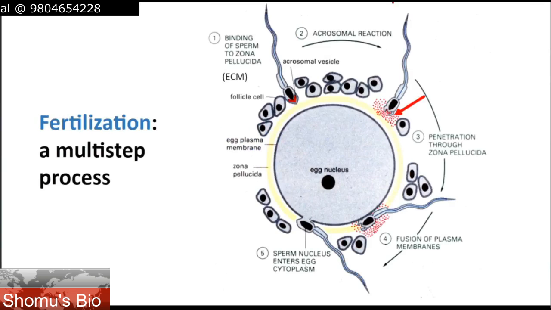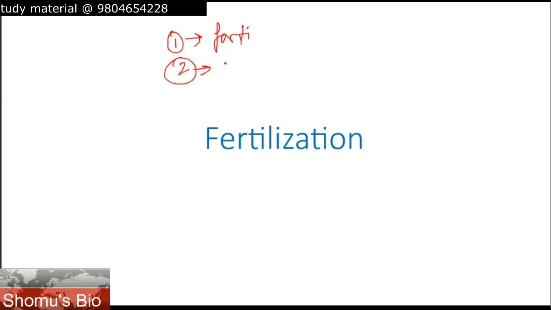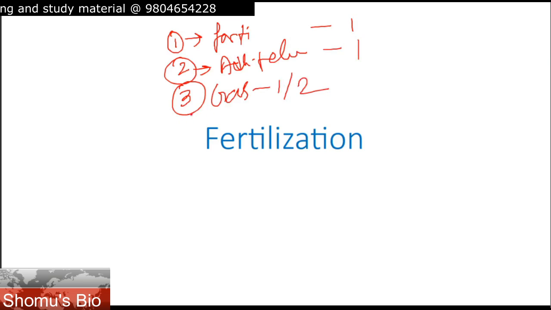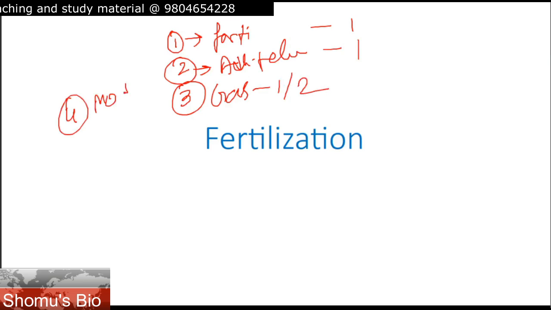So now we will start talking about the sequential steps of the development process. And remember one thing, the question you can expect from the part that is fertilization. You'll get a question from fertilization. Second thing, you'll get a question from the adhesion or the cleavage process, also one question from there. You'll get one or two questions from gastrulation, and one or two on modularity in Drosophila.